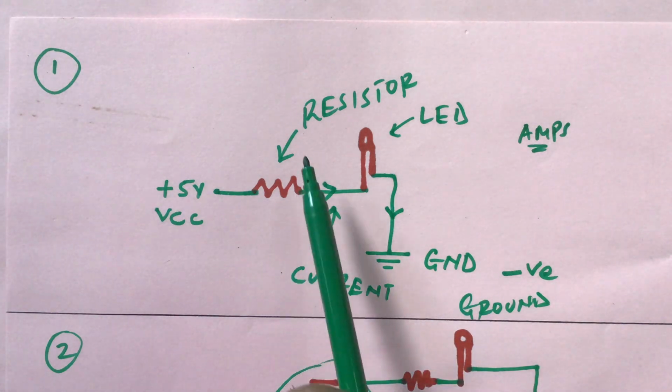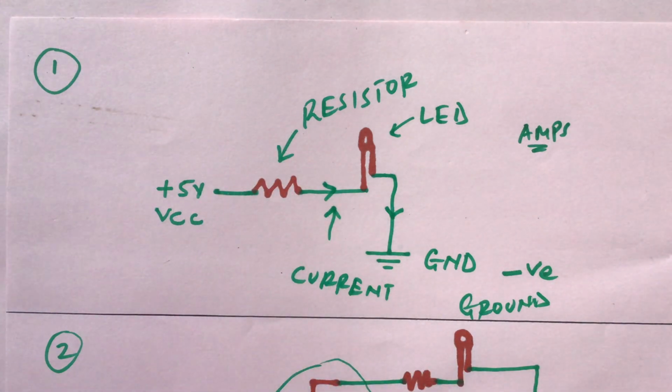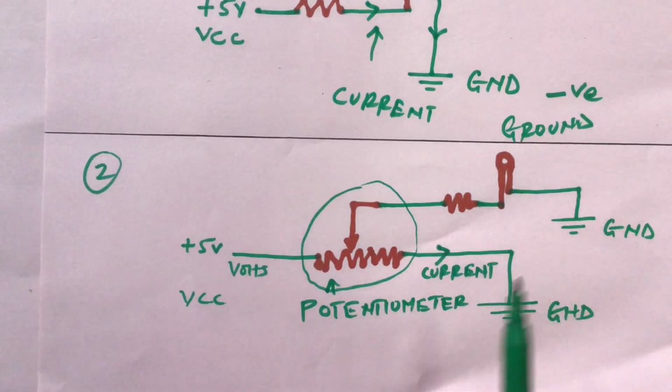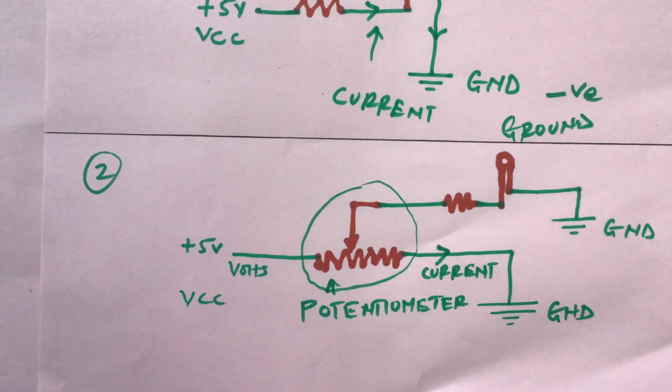You will go and pick a resistor which has a specific value that will limit that amount of amps through the circuit with a specific resistance. But with this one, you will just have one resistor, but you can vary it depending on different amps you need, depending on what you are working on.